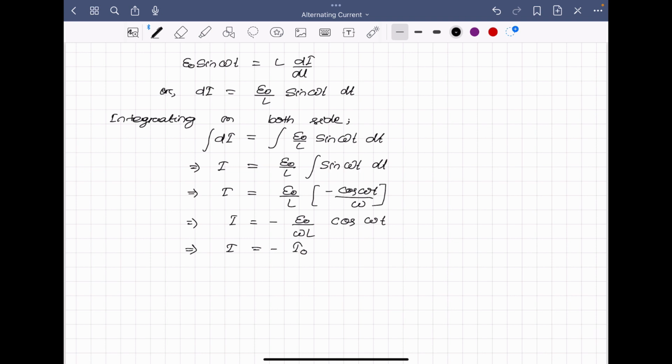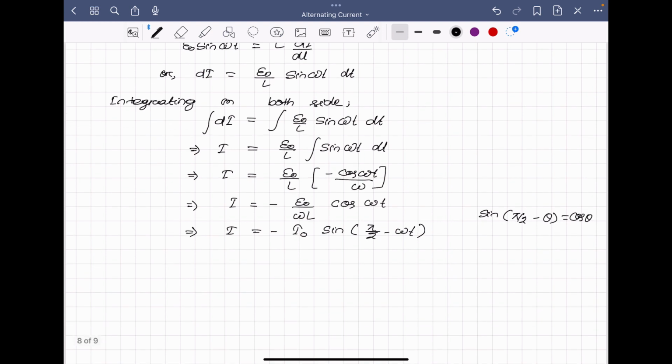In place of cos omega t, we can write sin pi by 2 minus omega t. Why? Because you know sin pi by 2 minus theta equal to cos theta. Yes or no? Then what you got just here? We can rearrange this as I equal to I naught.